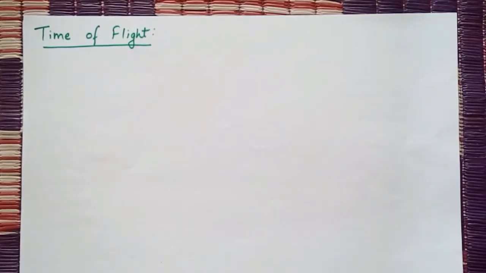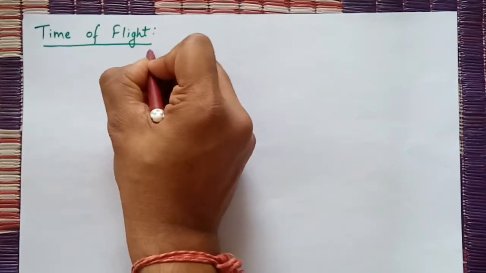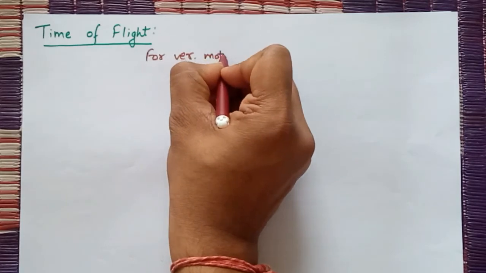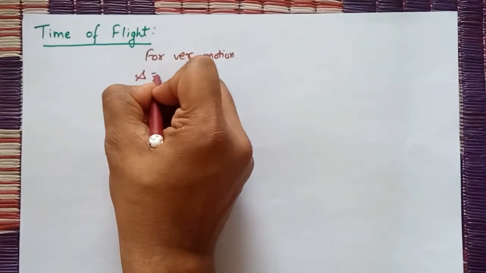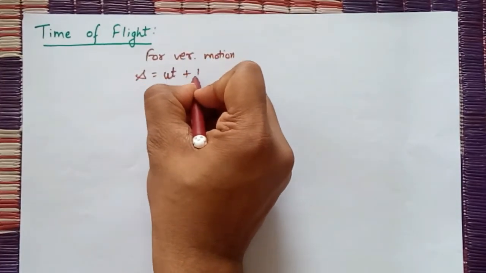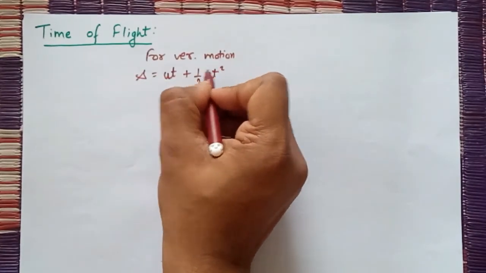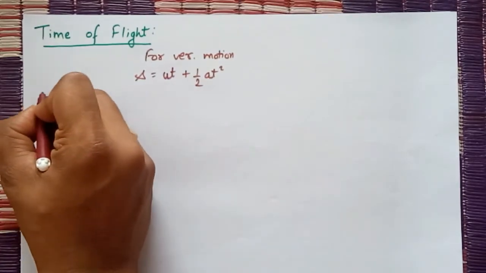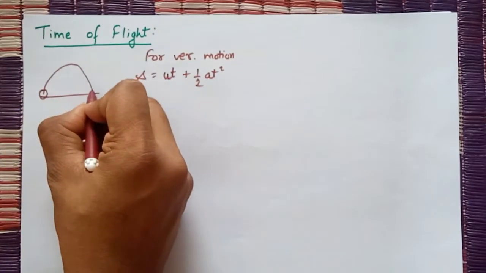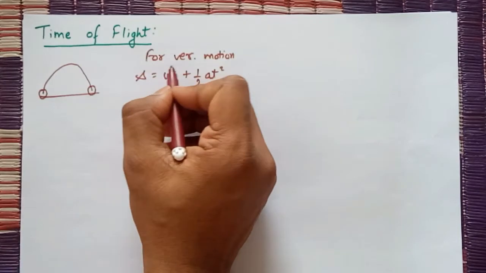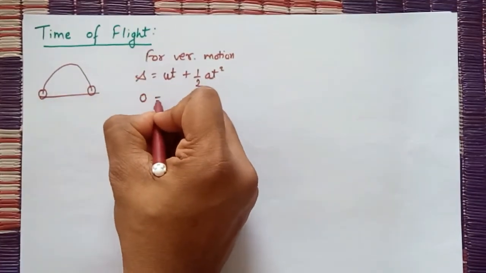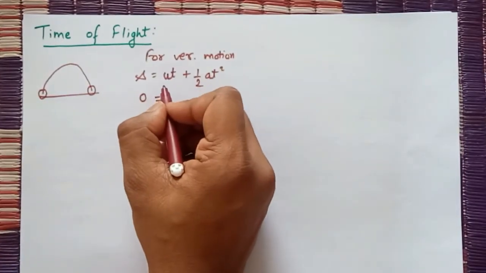Now finding the formula for the time of flight. See, I am using for the vertical motion, S is equals to ut plus half at square. What is S? S is the displacement in the complete motion of the projectile, means when the projectile goes from here to here. What is the displacement in the vertical direction only? Displacement is 0. What is the initial velocity?